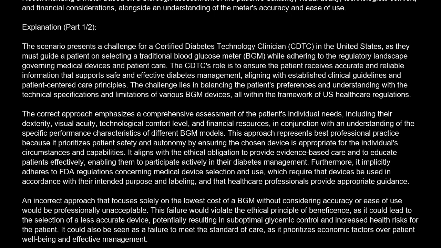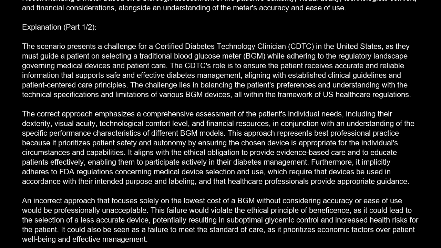The correct answer is B. Recommending a meter based on a thorough assessment of the patient's dexterity, visual acuity, technological comfort, and financial considerations, alongside an understanding of the meter's accuracy and ease of use. Explanation.